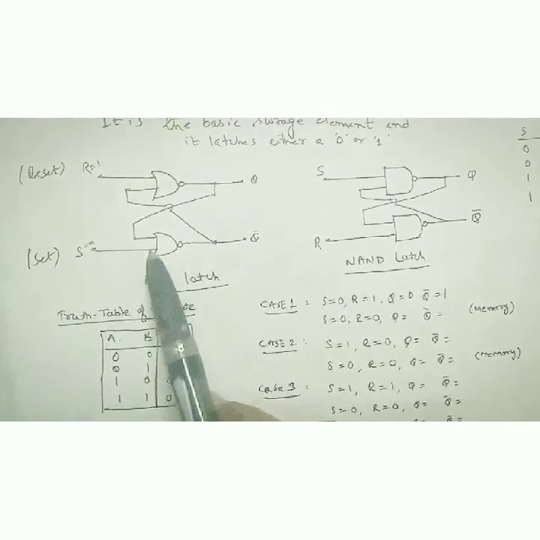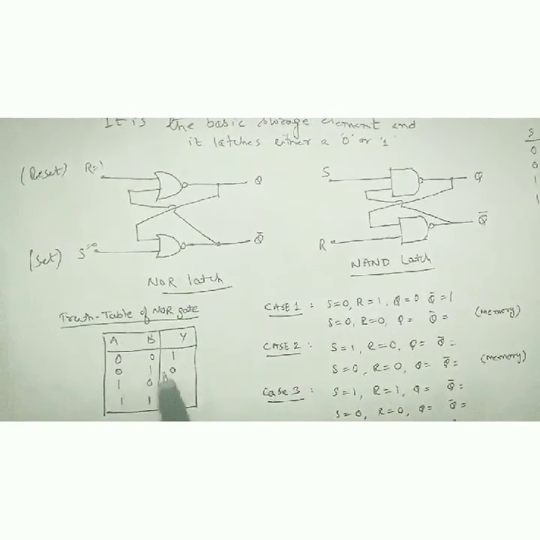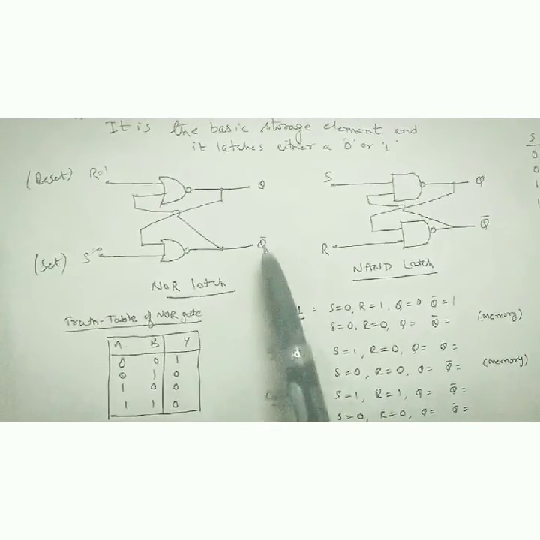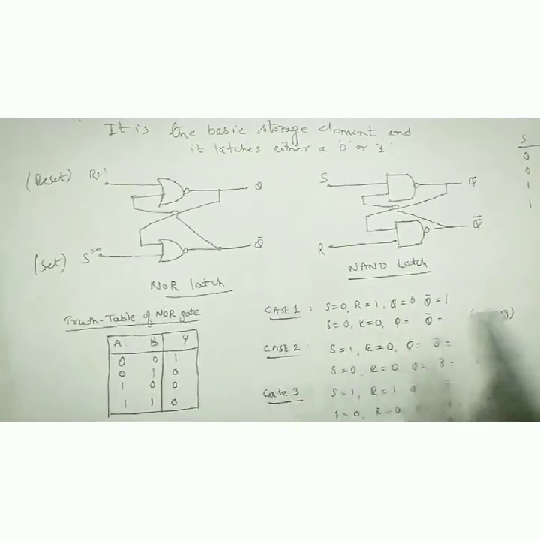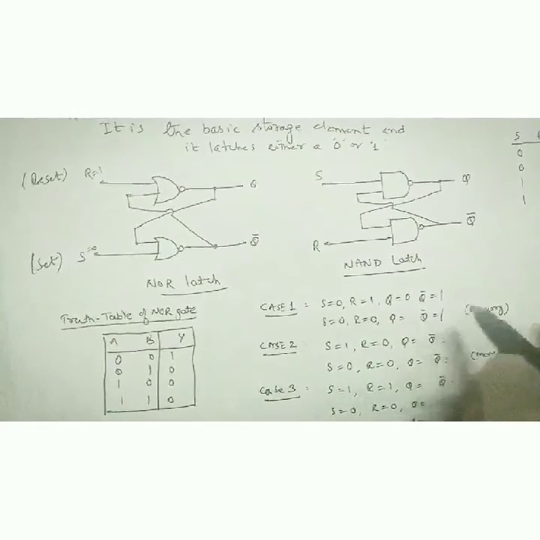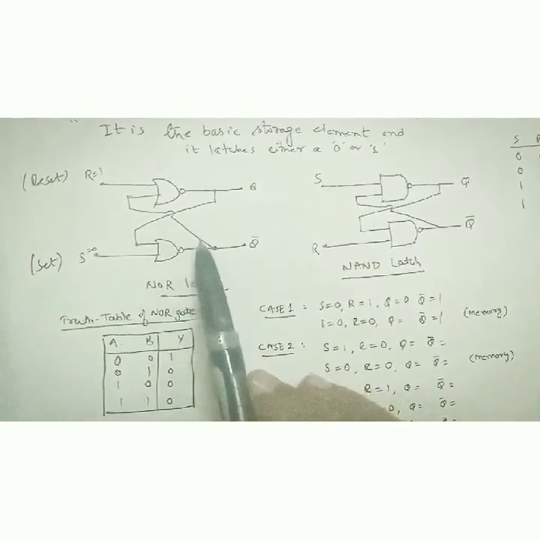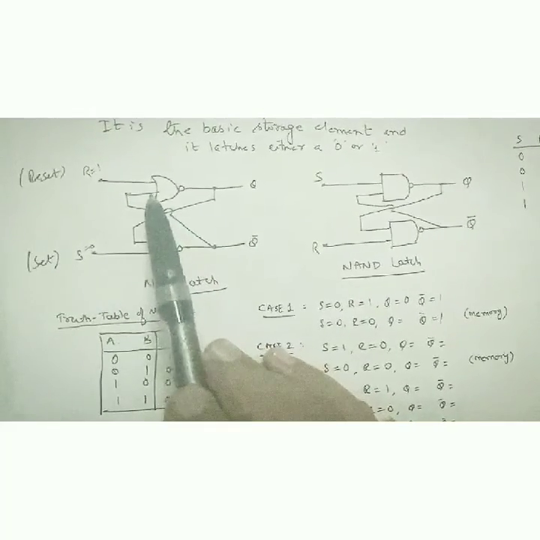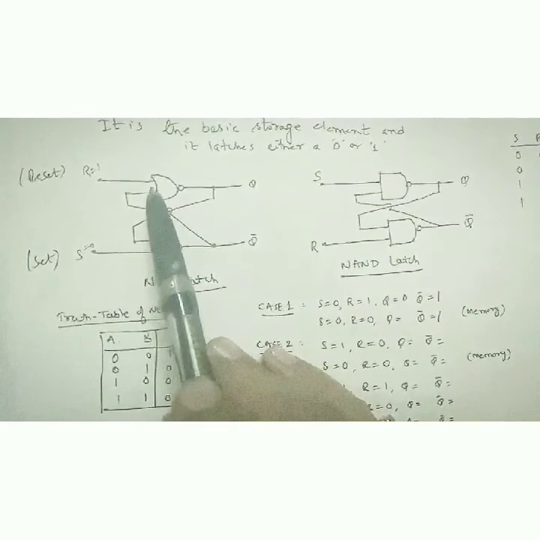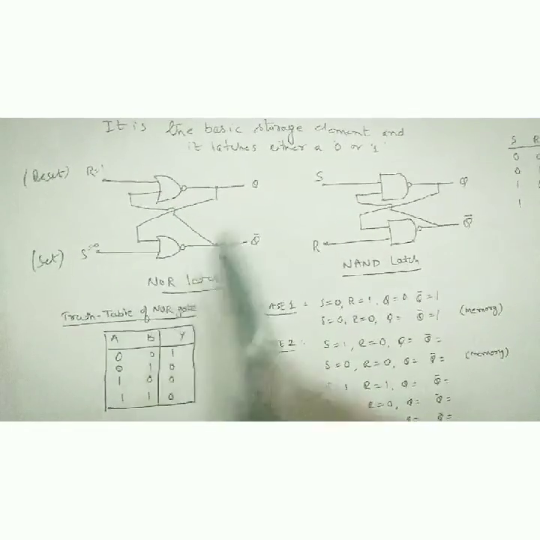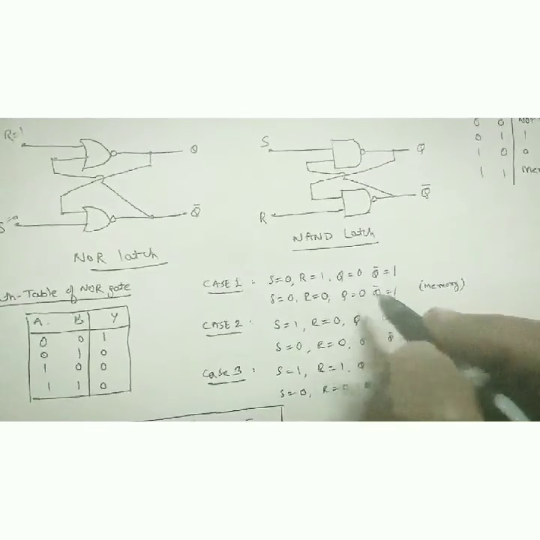When both the inputs are 0, this will cause the output to be 1, that is, Q bar we are getting 1. And this 1 goes from here to here, so when this is 0 and this is 1, in that case we are getting Q as 0. So I am writing that over here.